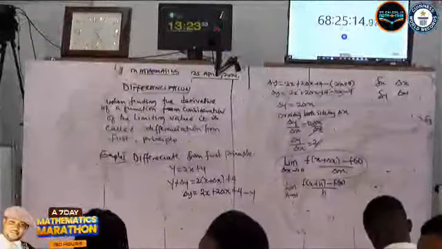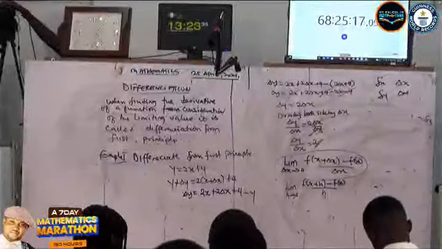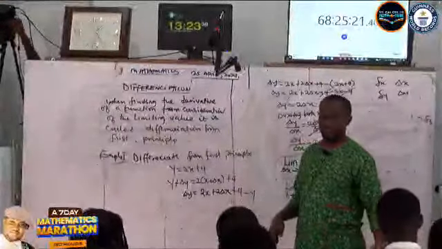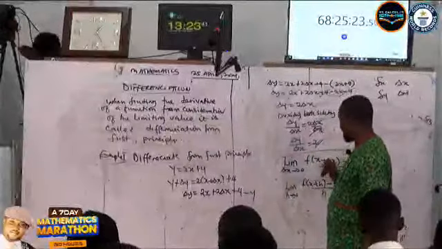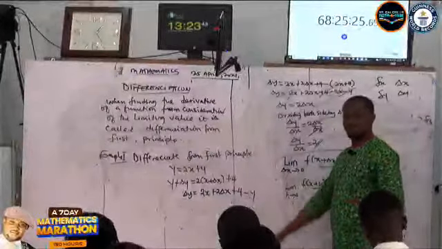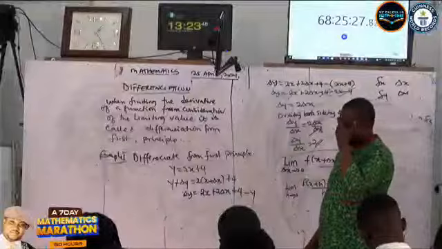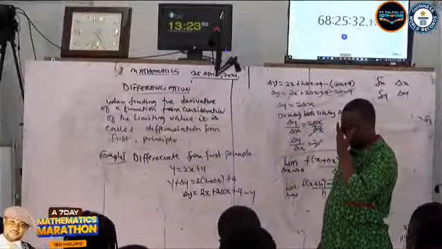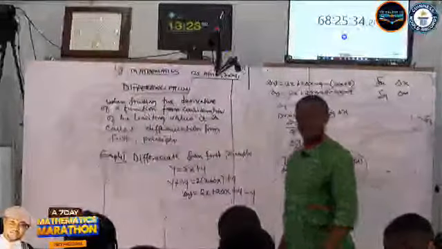All right. Now, I want to explain this again for you. In differentiation from first principle, I use this formula. It's the same thing here, or you just do this. Now, how do we do that?